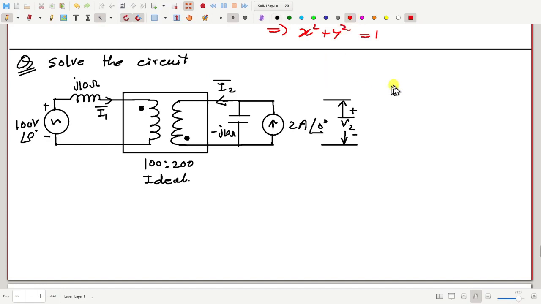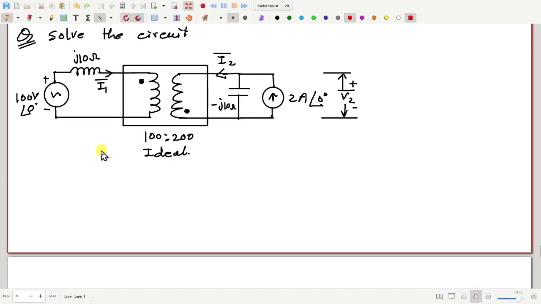One way to do this is to transform the primary circuit to the secondary side, or the secondary circuit to the primary side. Either way you can do it. Suppose I transform the secondary side circuit to the primary one. Then what do I have to do? I keep the primary as it is.